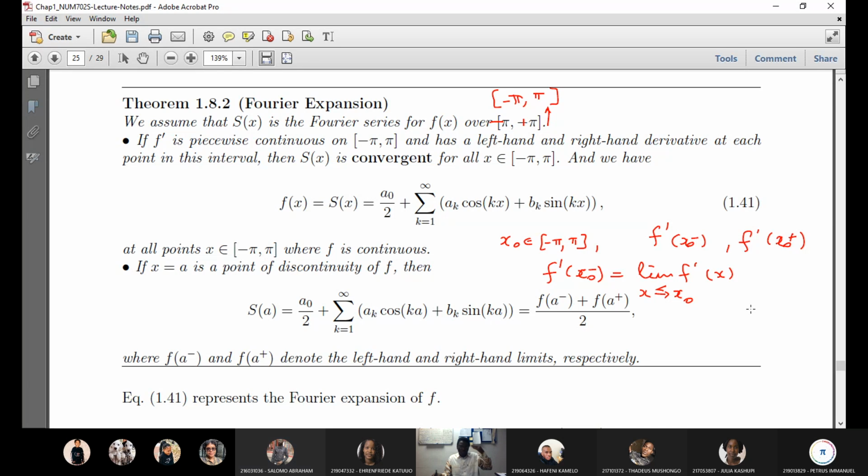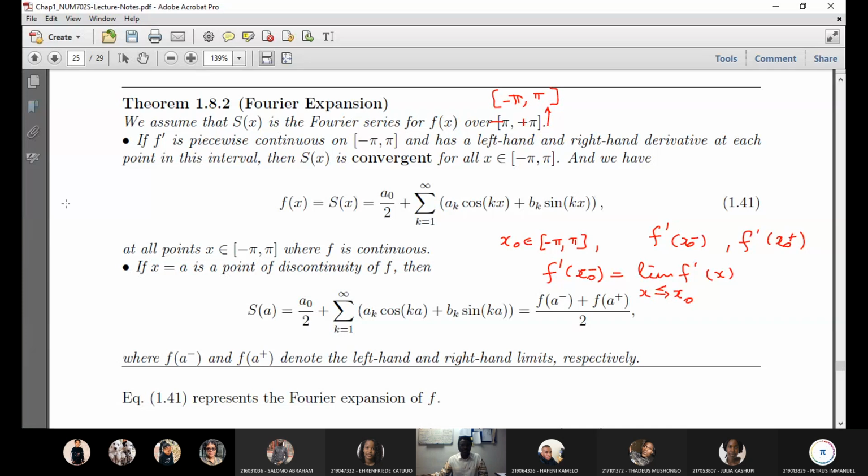You take x from the left of x0, and then you let x tend to x0. That will give you the left limit. And similarly for the right limit, you start from the right of x0, and then you push x towards x0. So you look at the result of that limit. If they exist, then these two conditions are satisfied. They don't need to be necessarily the same, right? They might coincide, they might not. But the most important thing is that those two limits, the left and the right, have to exist.